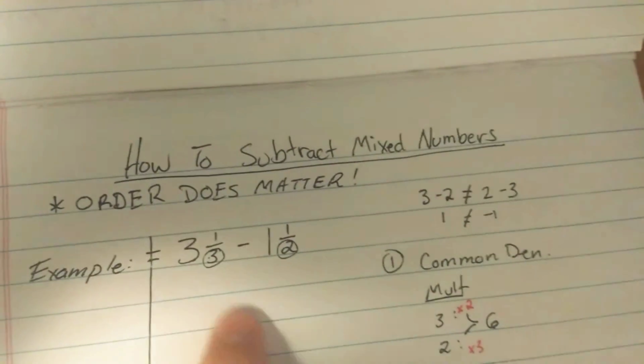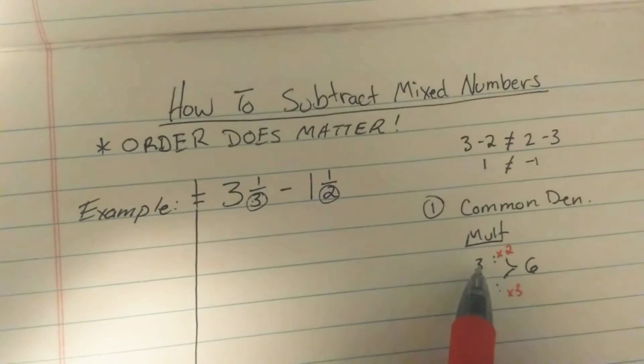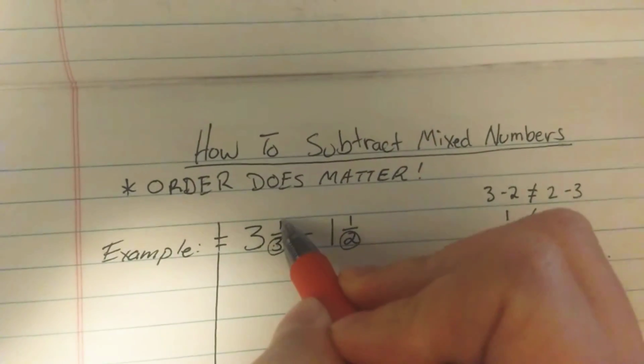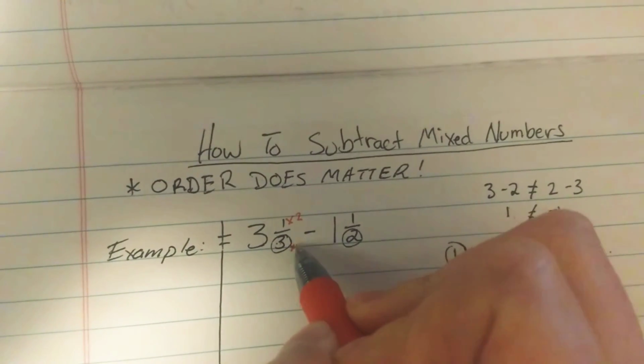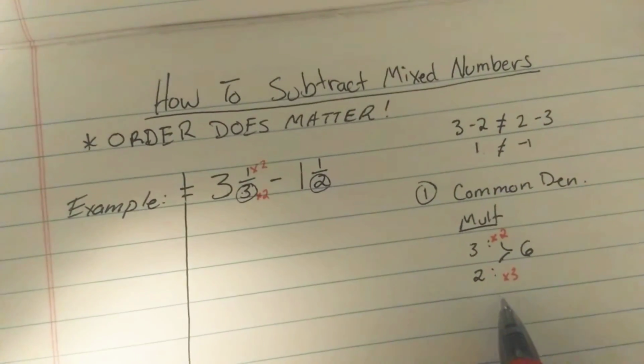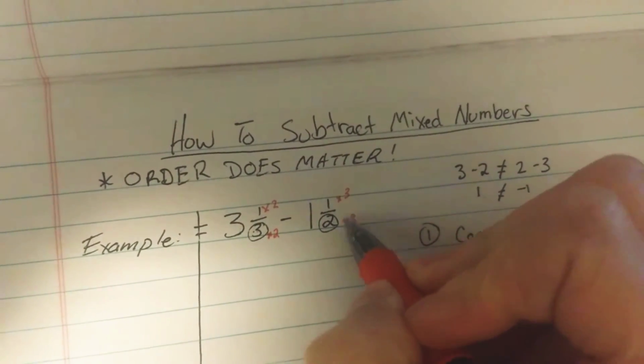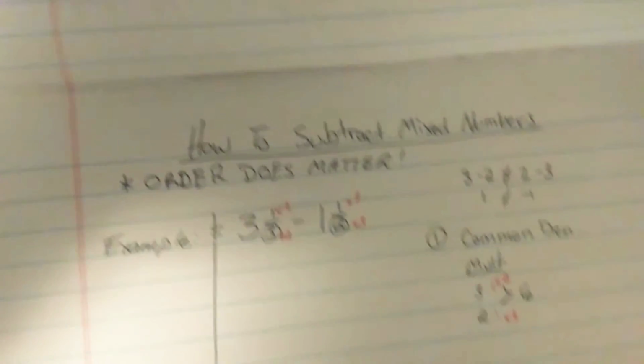I'm going to go back up to my problem here, and that's going to look something like this. My denominator is a 3, so I'm going to multiply it by 2. Where my denominator is a 2, I'm going to multiply it by 3. And then I'm going to rewrite my problem.